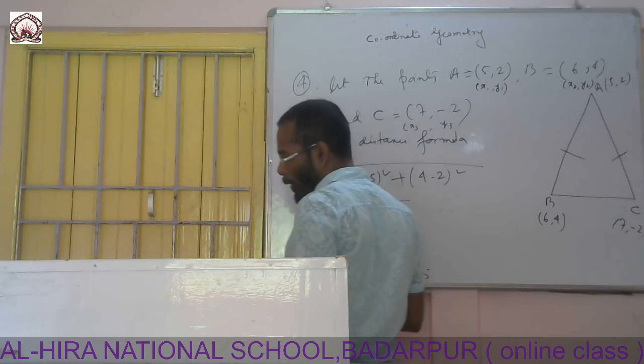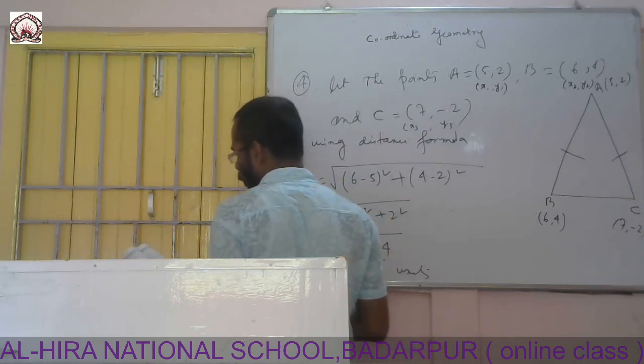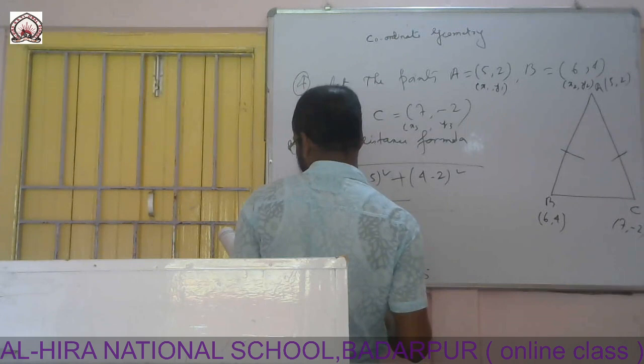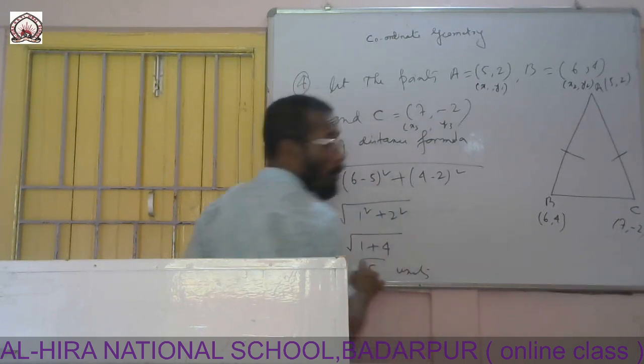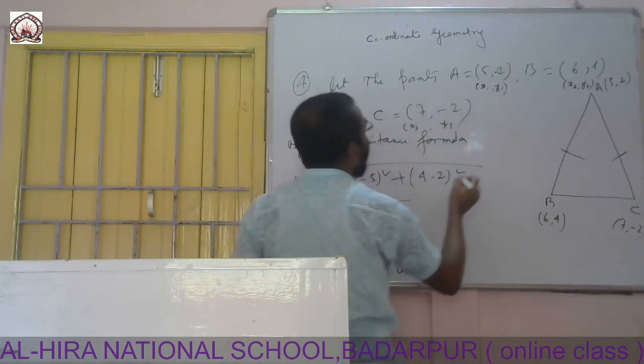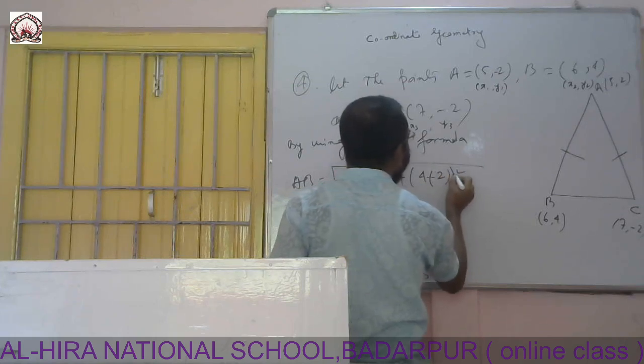So, AB we are getting square root of 5. Now BC: 6 minus 5 is 1 square, and here the y of B is 4, and C is minus 2. So, 4 minus minus 2 whole square, so here you get the second bracket.